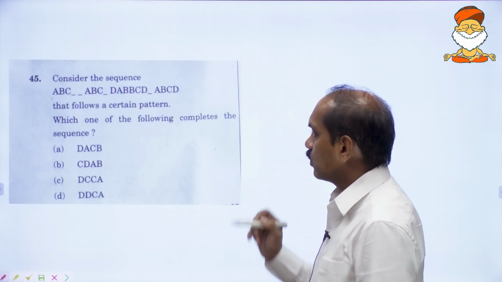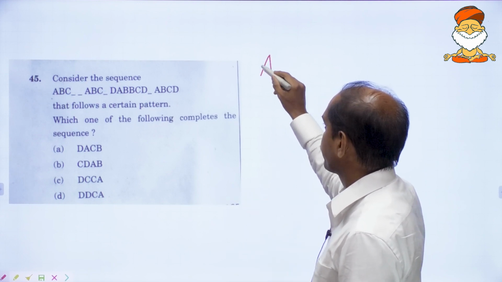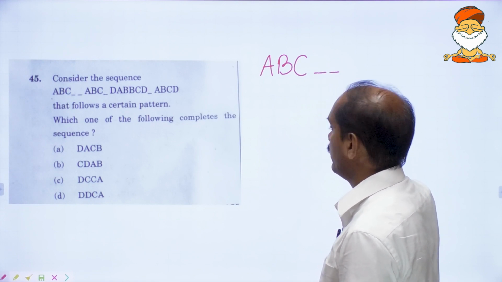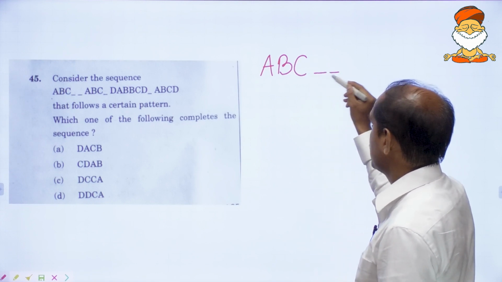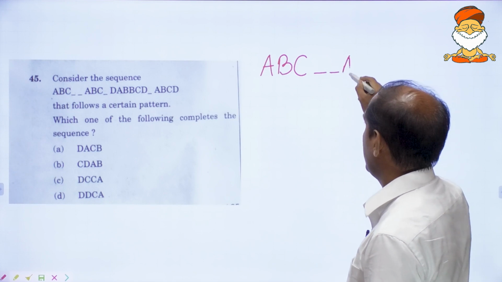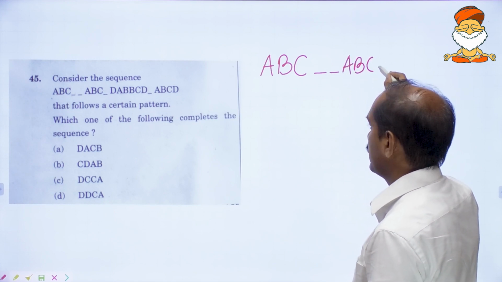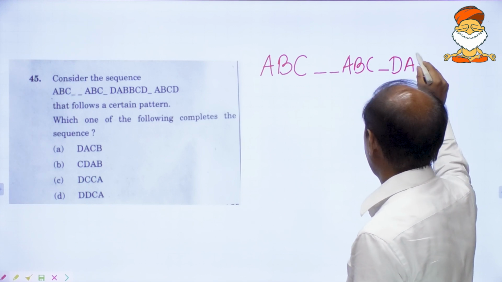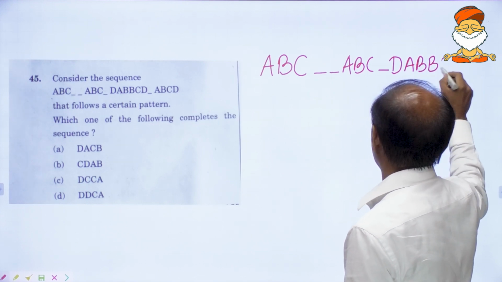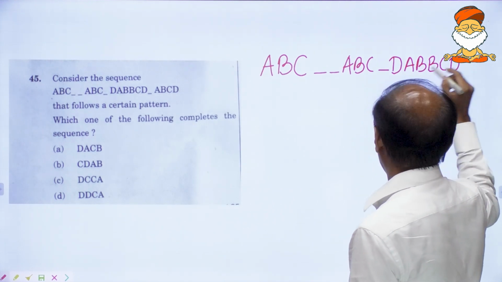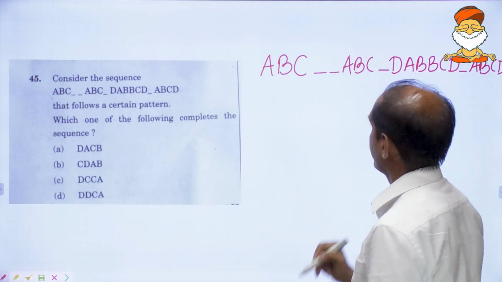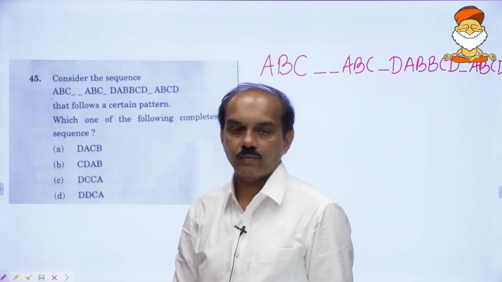Now, what is the trick to solve such problems? ABC dash dash ABC dash DA, BBCD, dash ABCD, right?